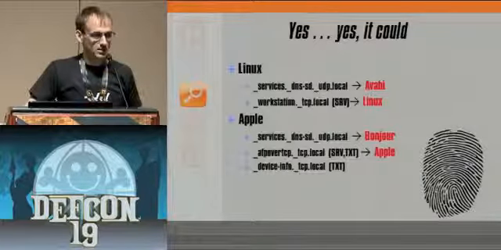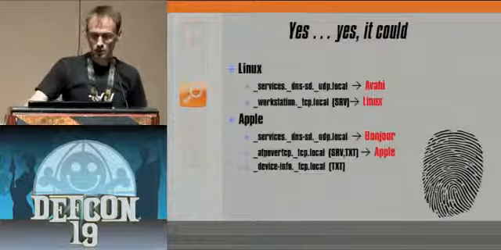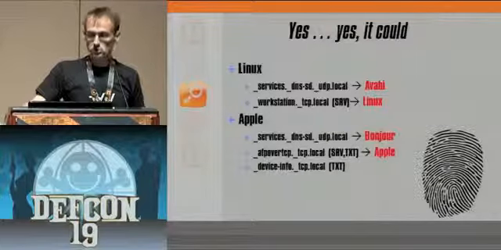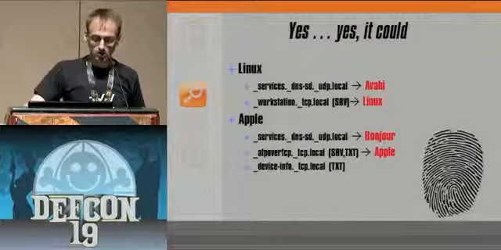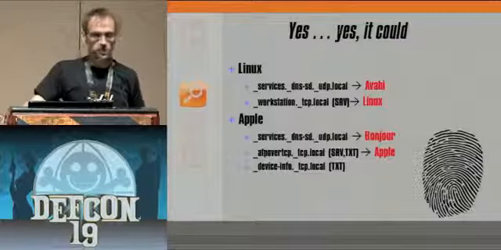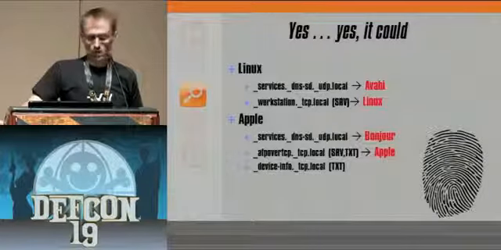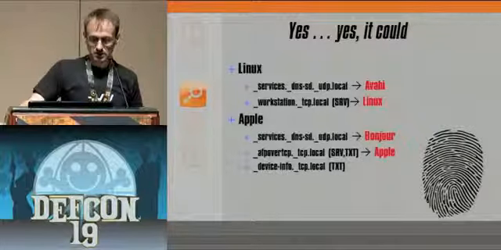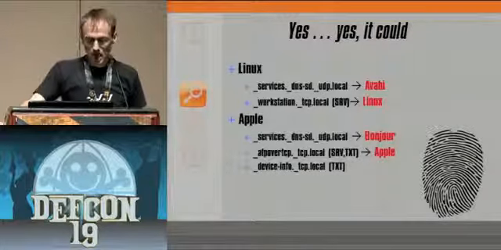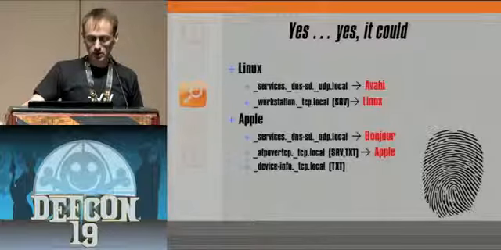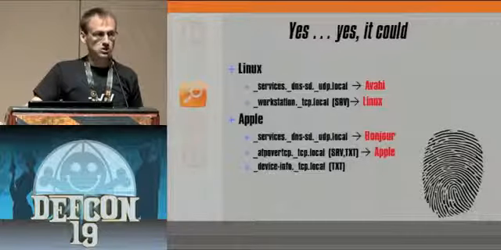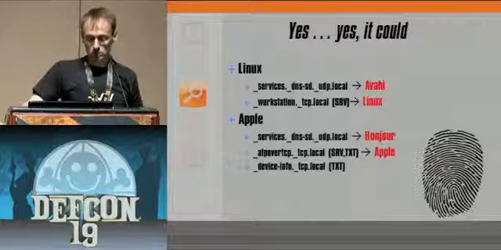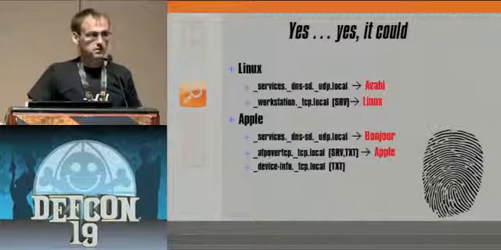Yes. Yes, it could. If you have services DNS-SD UDP local, and you have workstation TCP local, and in particular the service record, then you're pretty much dealing with a Linux box. If you have the services DNS-SD UDP local, AFP over TCP, TCP local, and that's the service and text record, on that host, as well as device-info TCP local, text record, then guess what?